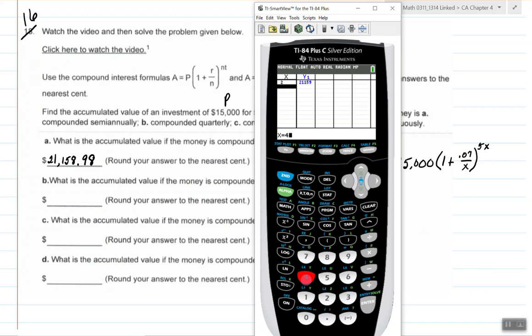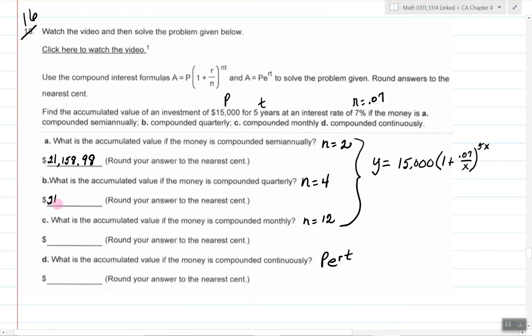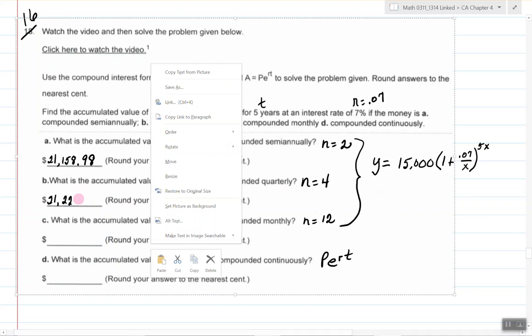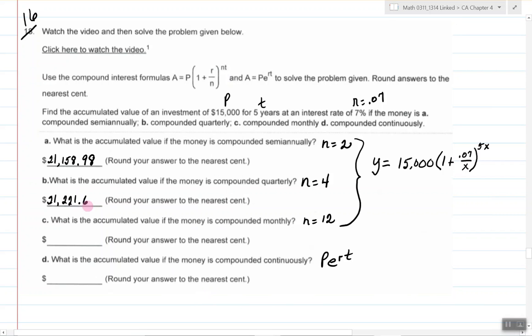Now I can go back to this, come down, and I'm using my arrow keys to move things around, do it quarterly, put in a 4, enter. Go back up and sit on that number so you can see the cents. And the answer is $21,221.67.